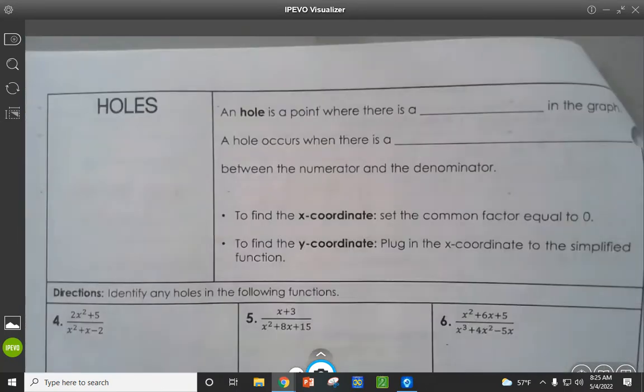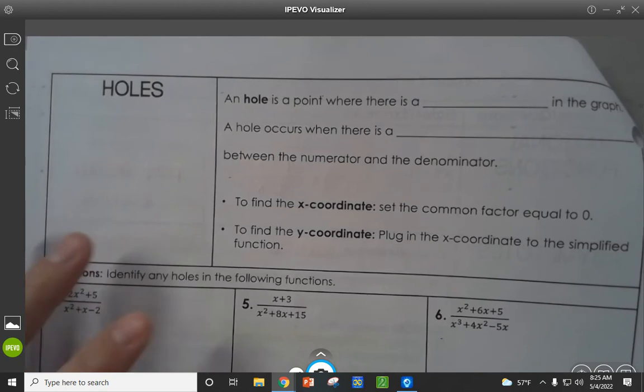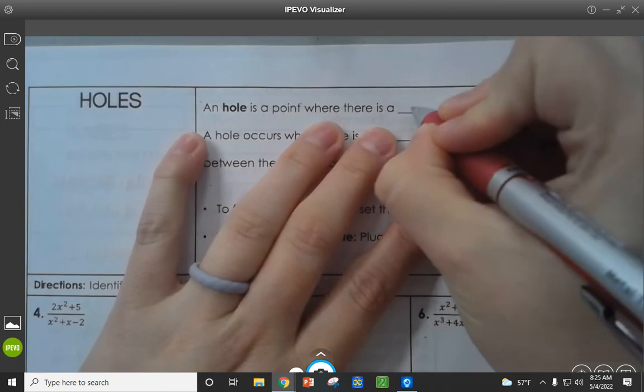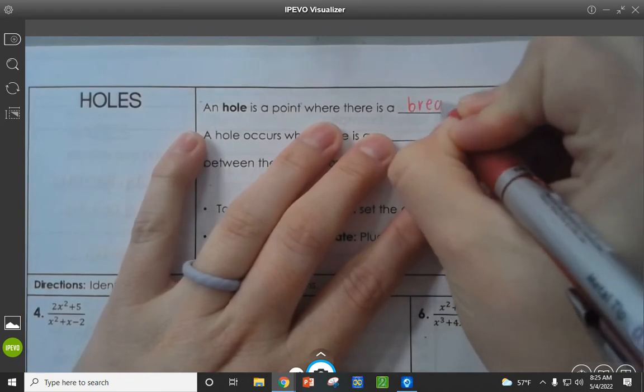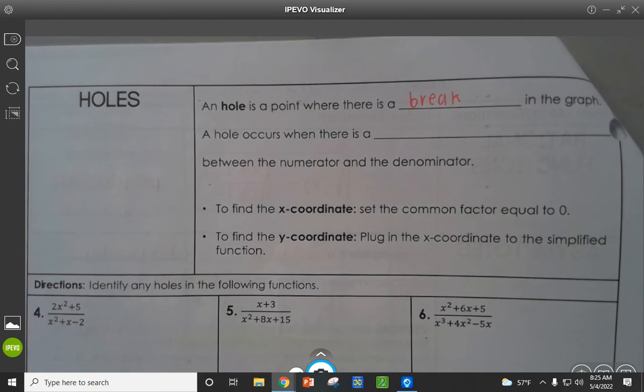Now there's one other thing that we have to learn, which is holes in the graphs. So a hole is basically what you think it is. It's a point where there is a break in the graph. Like your line goes and then it jumps and then it keeps going.